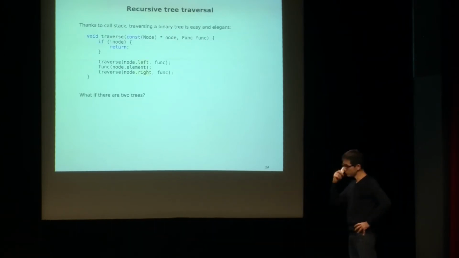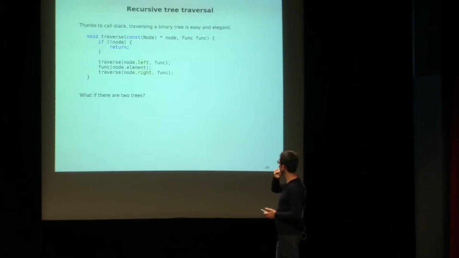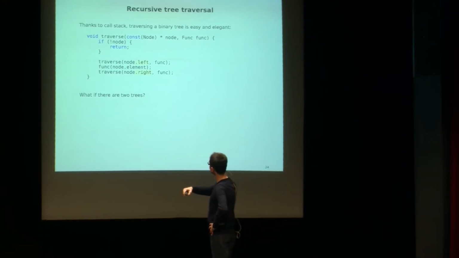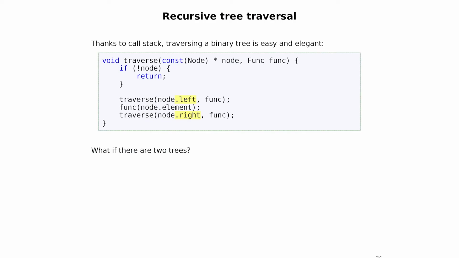Okay, so recursive tree traversal is easy and elegant. It's one of the most elegant things in programming, actually. So I have a traverse function that takes a node pointer. I give it a function. If the node is null, we're done. So traverse the left side. After that, apply the function to this element, and traverse the right side.